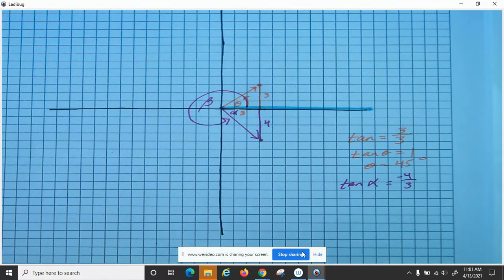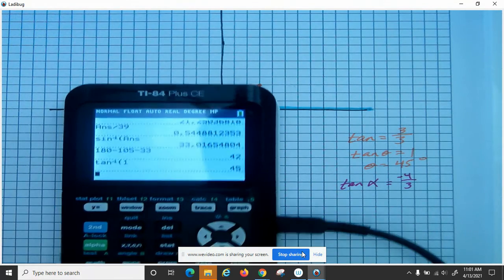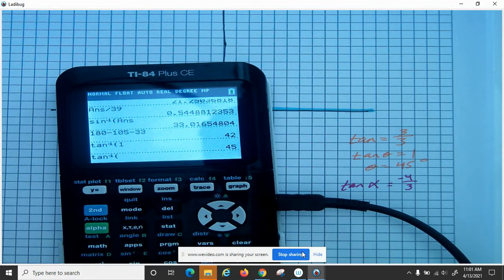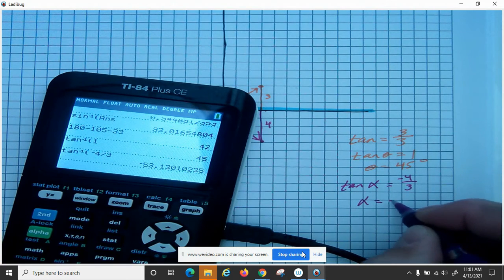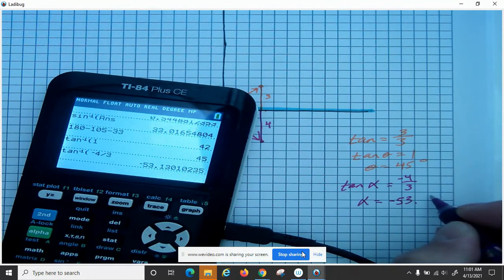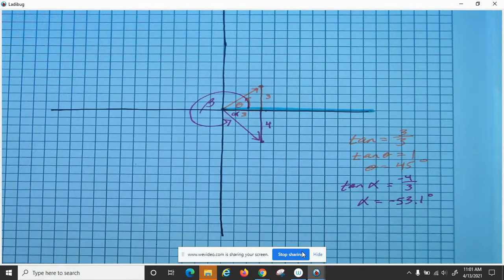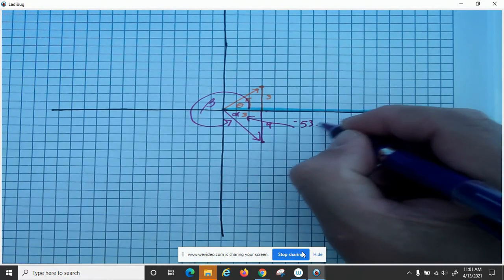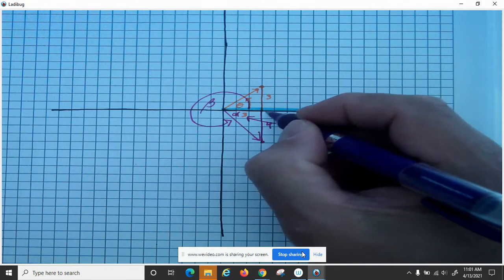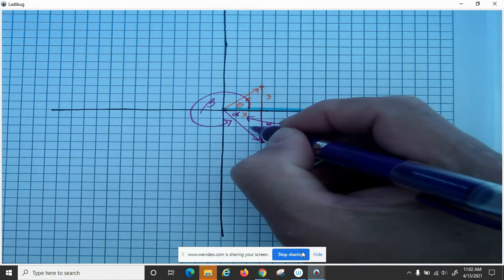All right, so let's do the arctangent of negative 4 over 3, and that gives me negative 53.1 degrees. That's the measure of this angle. Remember, it's negative because we're going clockwise.